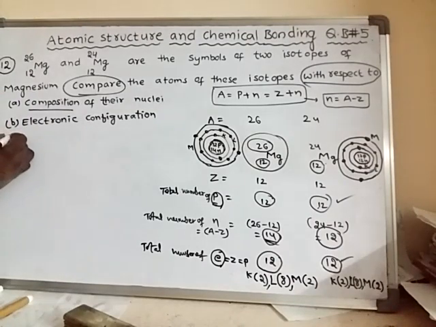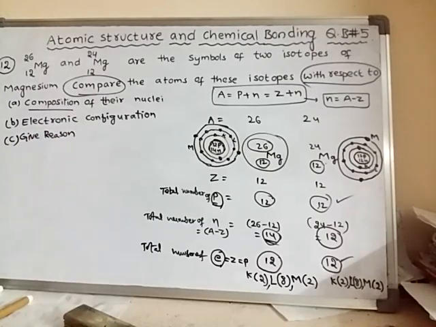Now there is another sub question also. What is the third sub question? Give a reason why two isotopes of magnesium have different mass numbers. Give reasons.